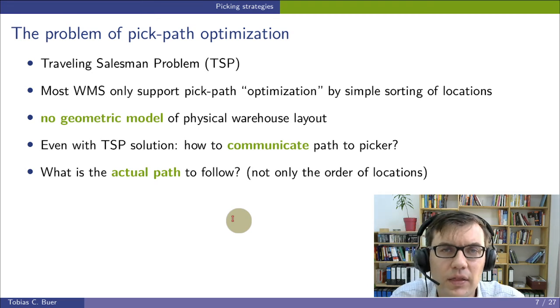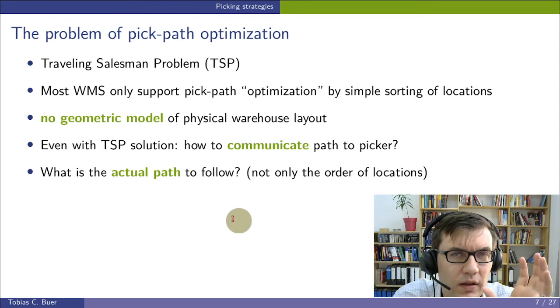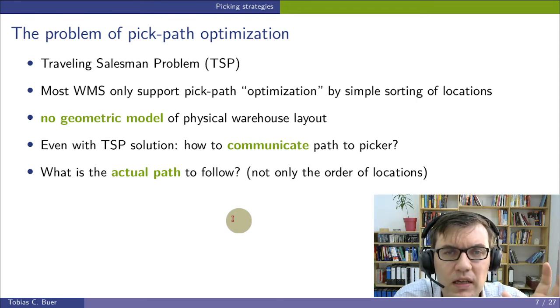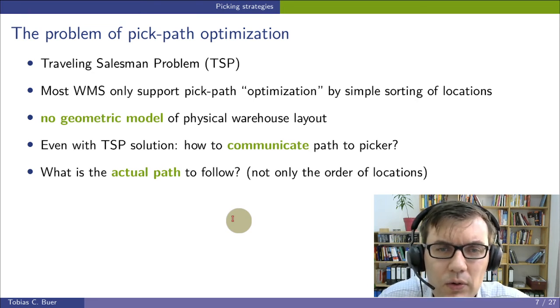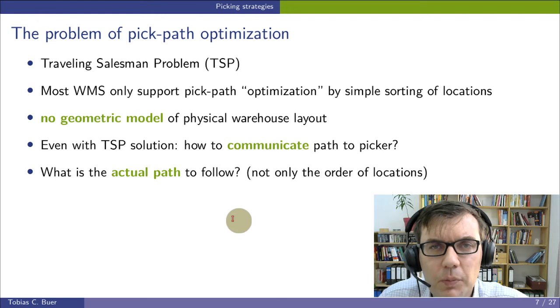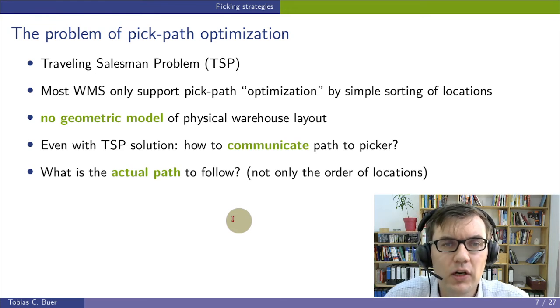And the task in the traveling salesman problem is that a salesman has to visit a set of given locations and return to the starting location. And the goal is to minimize the total travel distance of the salesman. This is also a very good basic optimization problem to organize the order picking in a warehouse.